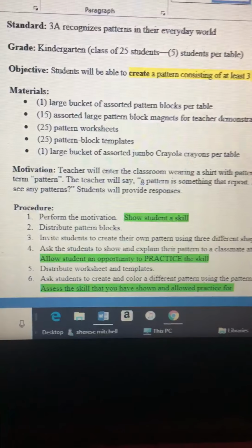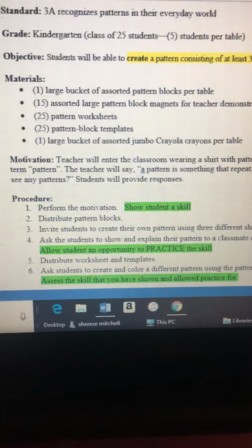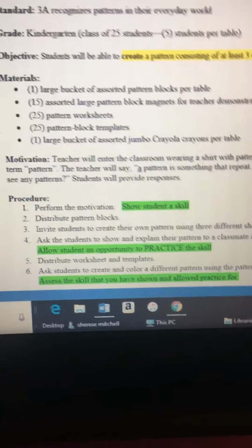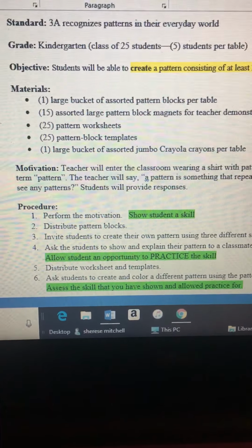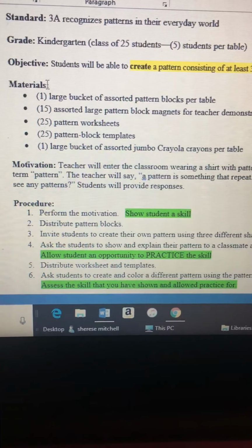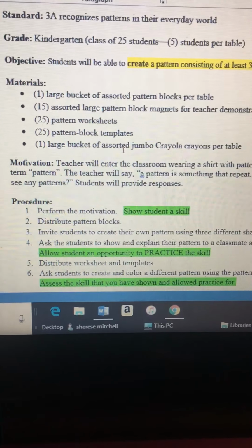We know they're pattern worksheets as opposed to just worksheets. Or if I said 25 papers, what does that mean? 25 pieces of white paper. Okay, it has to be specific. So they're listed with bullets. There are quantities of how many I need, and they're specific.